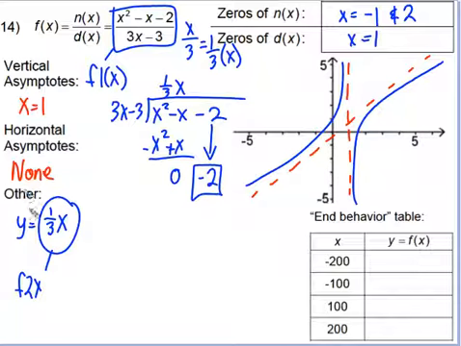And then the diagonal or oblique asymptote, we did long division, and we found that the formula was y equals 1/3 times x. Okay, and when we were trying to draw this, we would graph this equation in f1 of x in the calculator, and then graph this equation in f2 of x. Okay, and that's how we got this graph. It looks really, really cool.